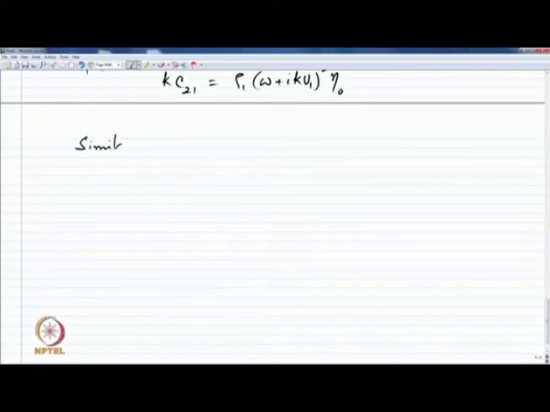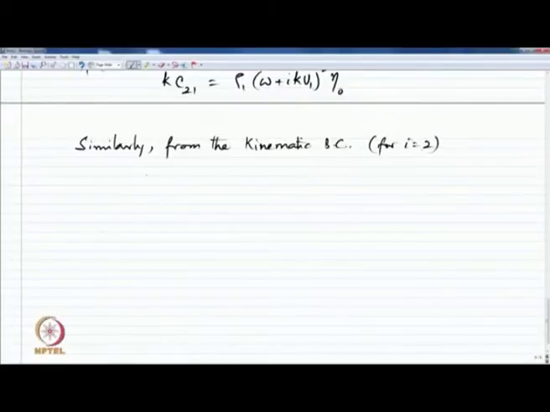Similarly, we have another kinematic boundary condition requirement for fluid 2, and from there we have essentially the same requirement, but written now from the sense of fluid 2.